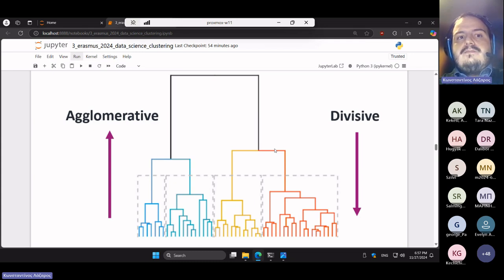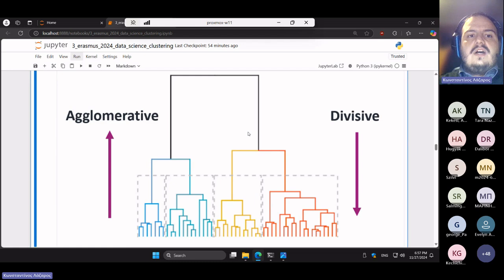It's basically like what we are trying to do when we group different species of organisms together, starting from a common ancestor, right? There are two different ways to approach it, as you can see here. One of them is agglomerative, also called bottom up, because we go from the leaves of the tree all the way up to the root, or top down.